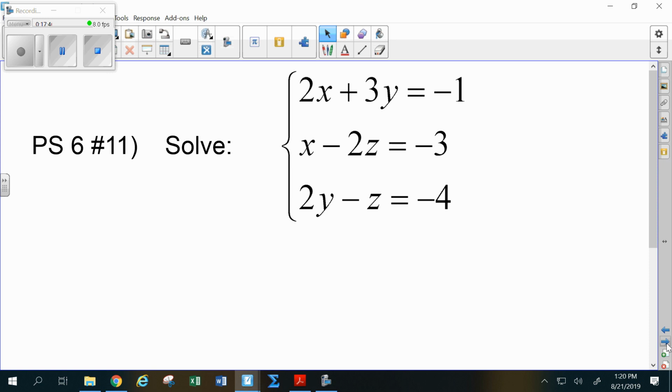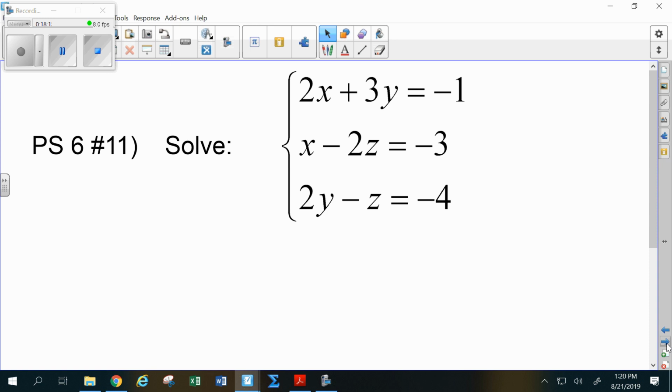What do you want to do on this one? Yeah, and I'm still not going to have anything that's really going to match up real nicely for me. I can do that. I can line them up, put the zeros in for placeholders. But what's going to be a strategy that might be the most helpful for starting this?